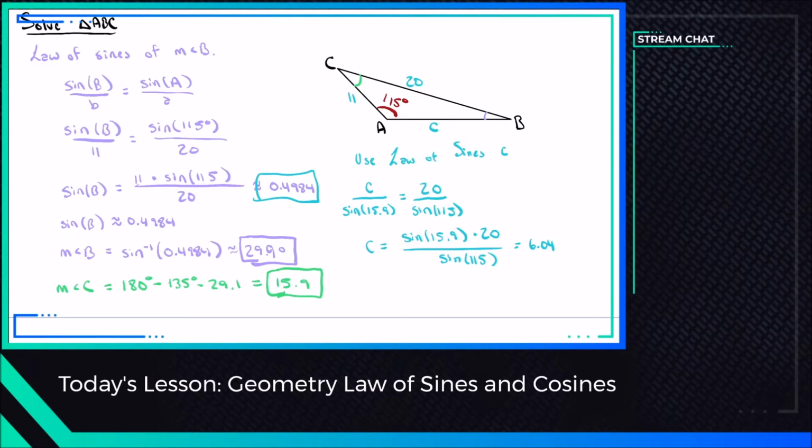And then if we take 180 minus 135 minus 29.9, we get 15.1. And then we would have to replace the 15.1. So it's all right. Sometimes you make mistakes. Life goes on. Sorry about that.